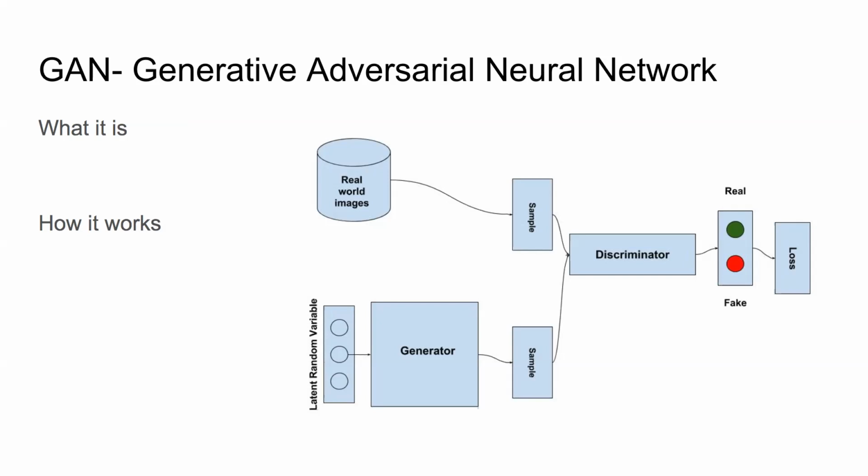GANs are actually, unlike something you might be more familiar with, GANs don't actually learn a mapping. Rather than learning how to map from A to B, the concept is it maps from the domain of A to the domain of B. So if you look at this picture here, you're just feeding the generator a latent random variable. Here the generator is taking an input from a random distribution, and it's mapping the whole distribution to whatever this real world image distribution is.